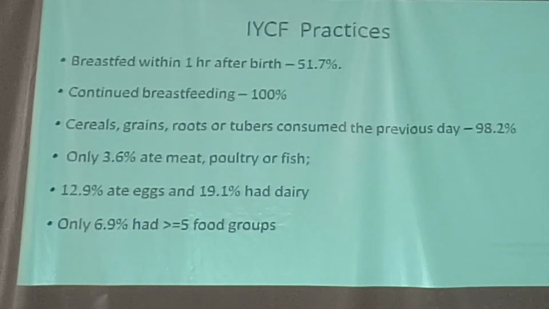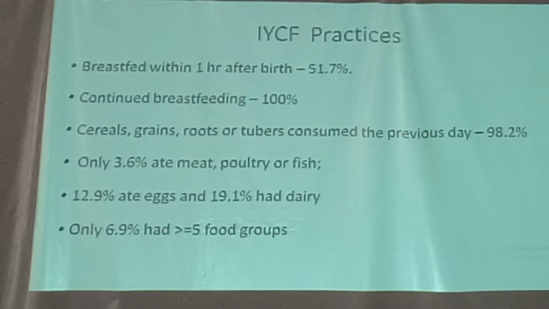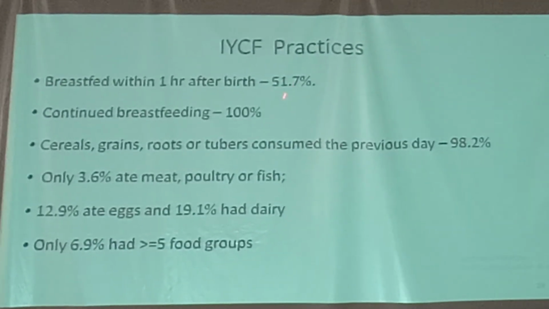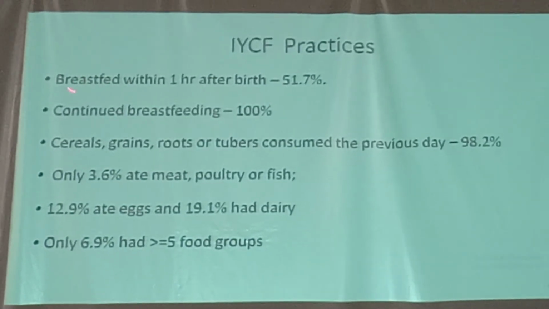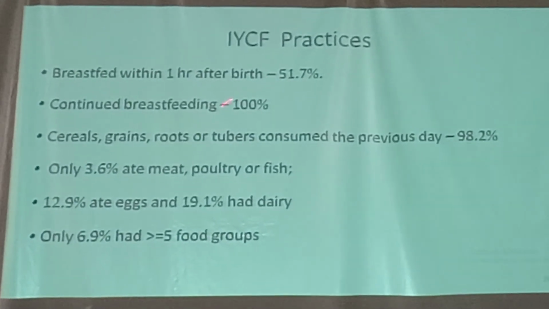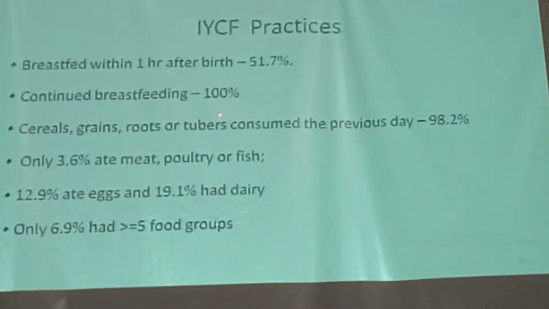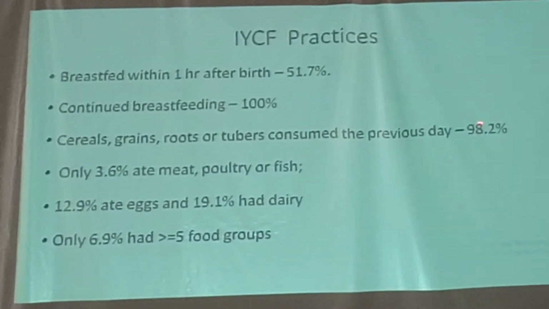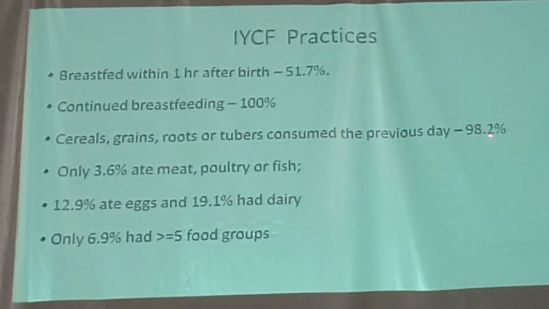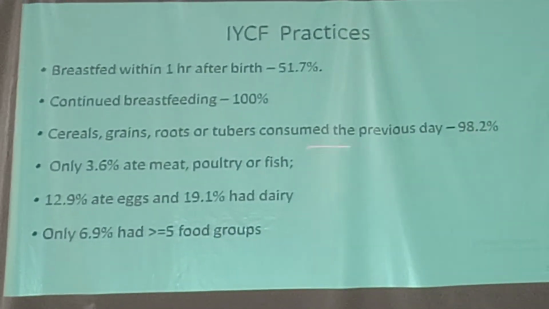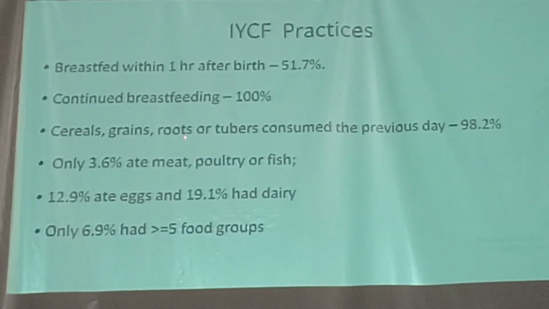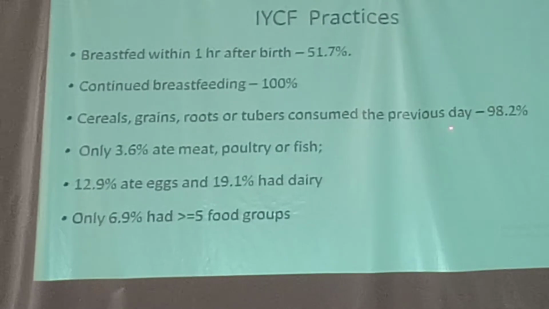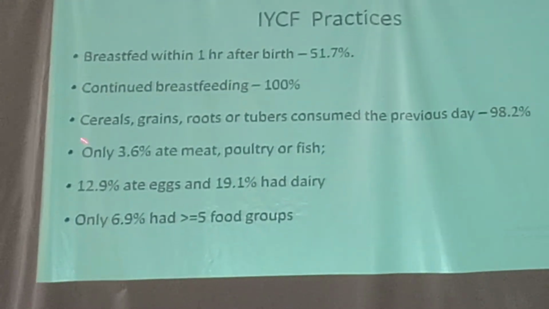When we come to the major findings of the IYCF, which is the third paper, on IYCF practices, more than half of the children were breastfed within 1 hour after birth, and almost 100% continued breastfeeding. Almost all of the children, 98.2%, were fed cereals, grains, roots, and tubers the previous day.